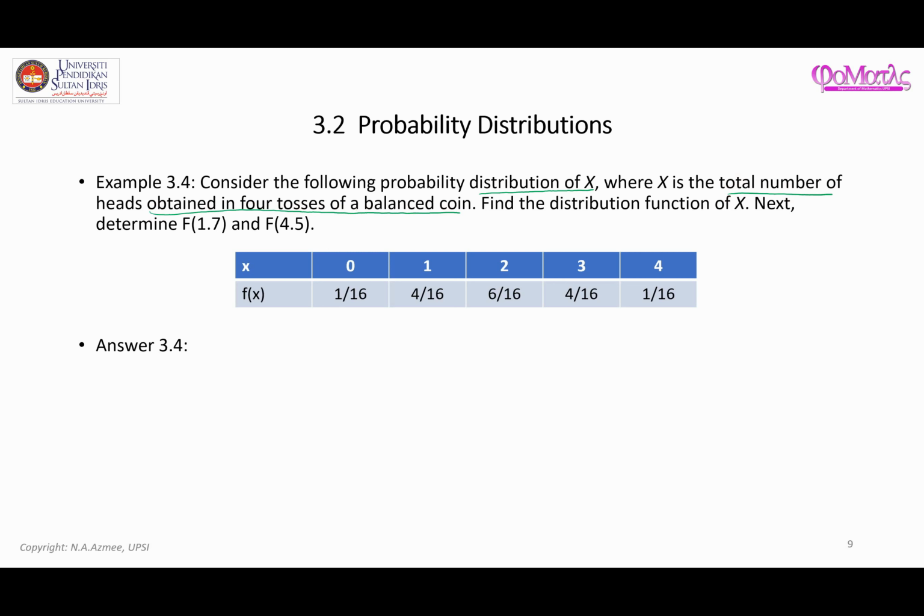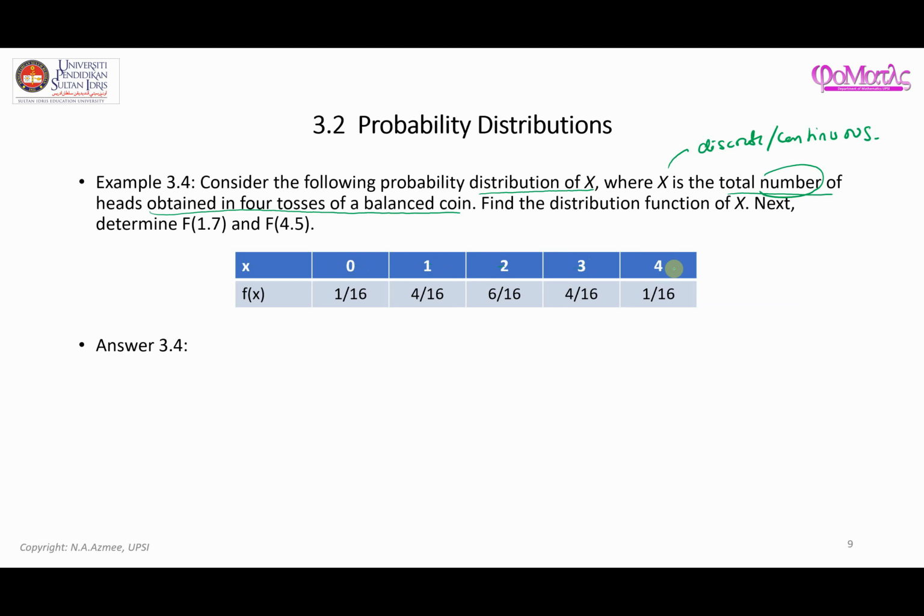Even though it doesn't say whether this is discrete or continuous, you can tell from the total number of heads in coin tosses that it is a discrete case, because you can only get whole numbers: 0 heads, 1 head, 2 heads, 3 heads.